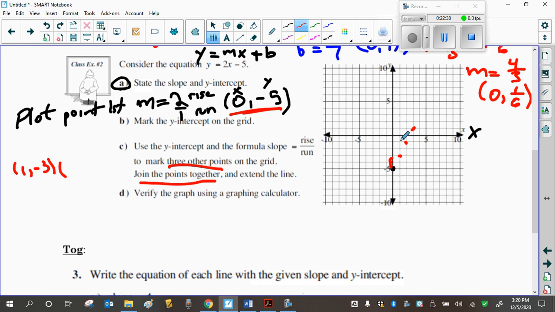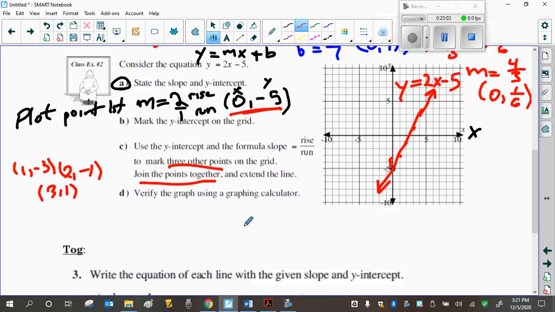Second point is 2, -1, 2 to the right, 1 down. And the third one is 3 to the right, 1 up. That's how you write those. Now, pardon me if I don't do a good job joining this line. I'm pretty happy with that. And then label that line, please. Y equals 2x subtract 5.